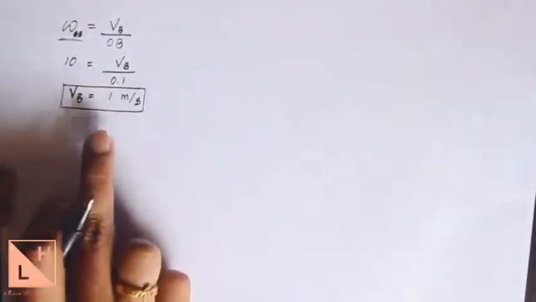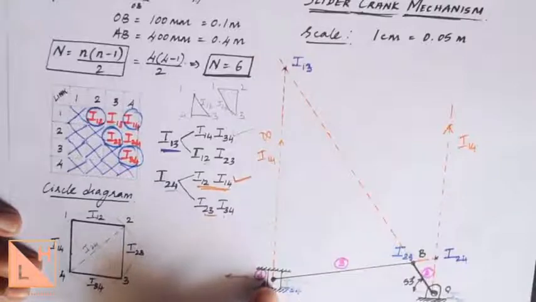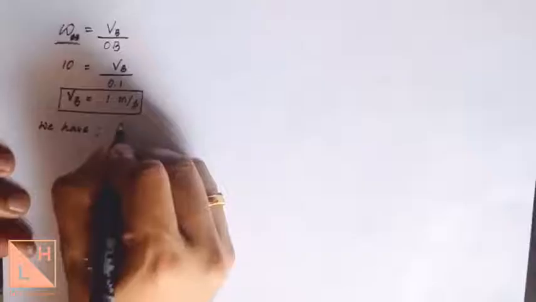So now that we have calculated VB, next we will calculate the velocity at the next point. Found out the velocity at B. Now we will try to calculate the velocity at the next point, that is point A. We have the perpendicular distance of that point from the center of rotation.